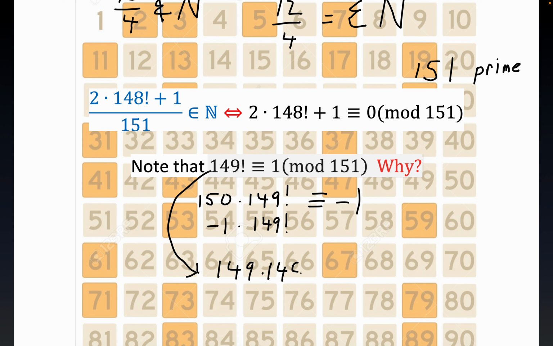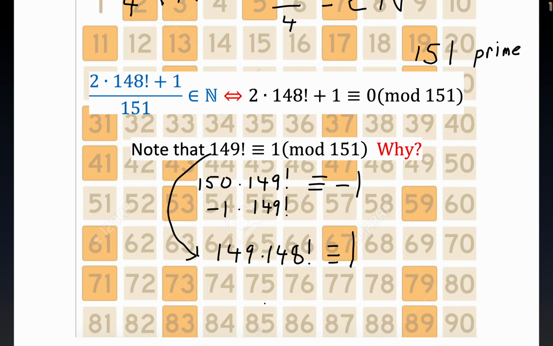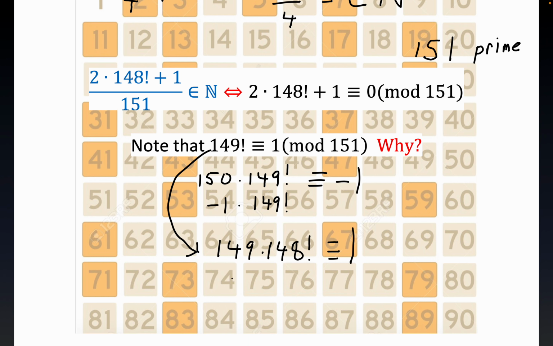Yeah, sorry, I was looking at the wrong spot. So we can rewrite this like this, right? And again, I'm not writing it, it's understood we're doing mod 151, but notice that this is congruent to -2. So this is -2 times 148 factorial.